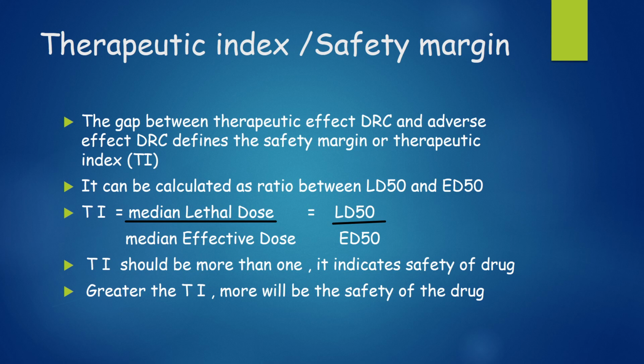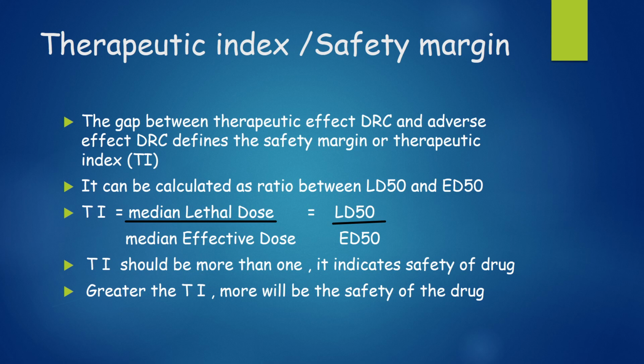ED50 means the effective dose 50, that is the dose at which 50 percent of patients got the effective response. So the therapeutic index is calculated by median lethal dose divided by median effective dose, that is LD50 by ED50.